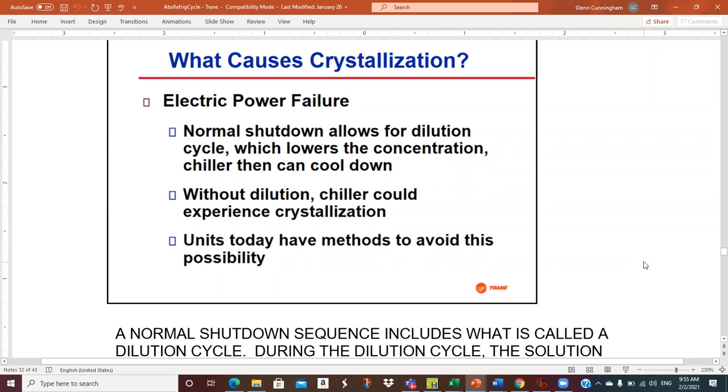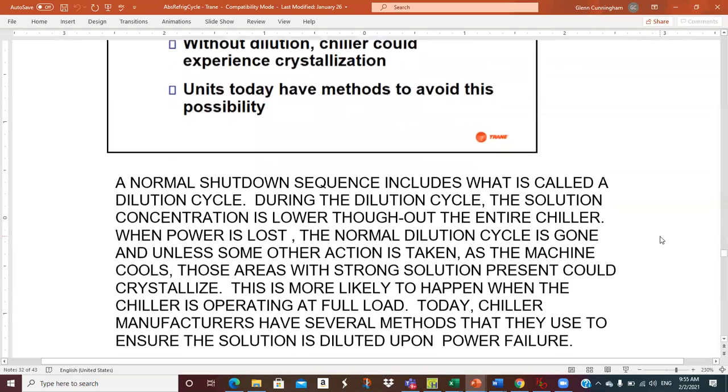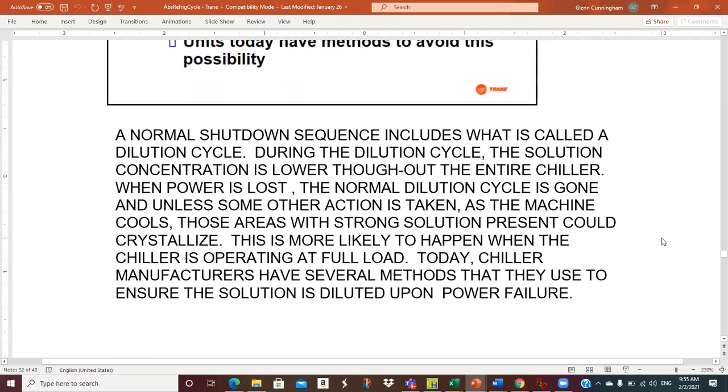Without dilution, the chiller could experience crystallization. Units today have methods to avoid this possibility. So how do they do that? Well, let's see. The first thing we've already said, during dilution cycle, solution concentration is lower throughout the entire chiller. When power is lost, the normal dilution cycle is gone.